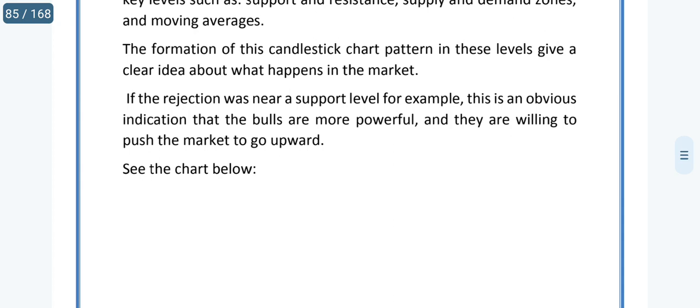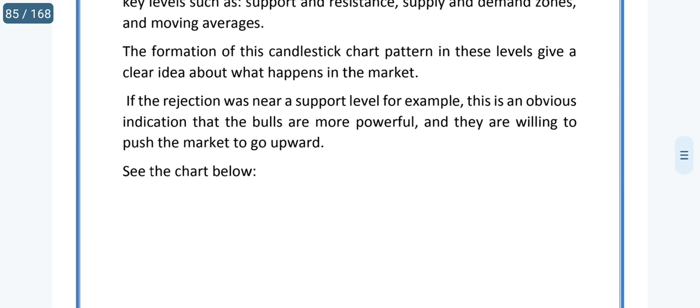And it forms after hitting a resistance level or a support level. Of course, a support level is found in the downward trend, and a resistance level is found in an uptrend, depending on your weekly, daily analysis, or what we call the top-down analysis that you have formed on your chart for a particular week.